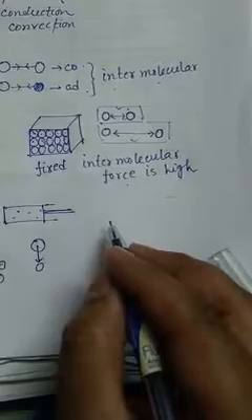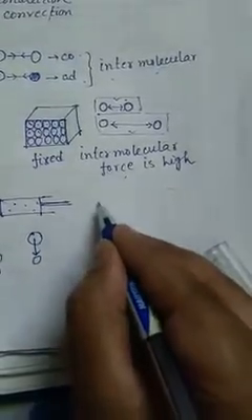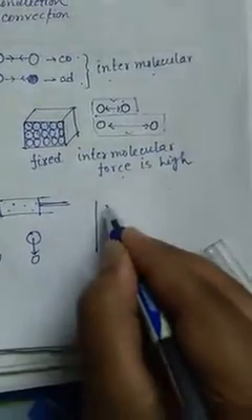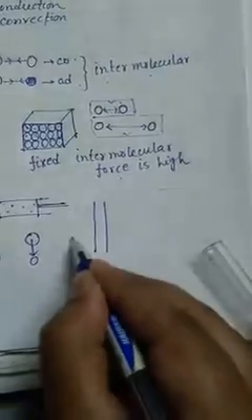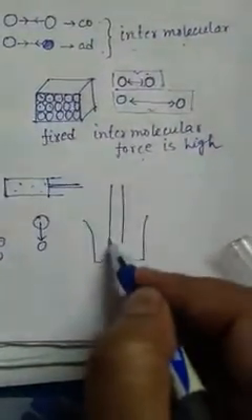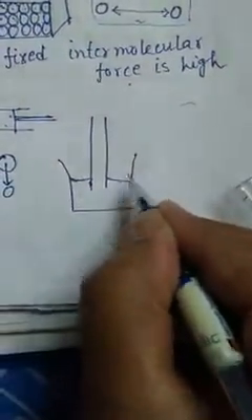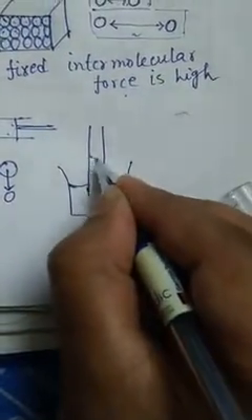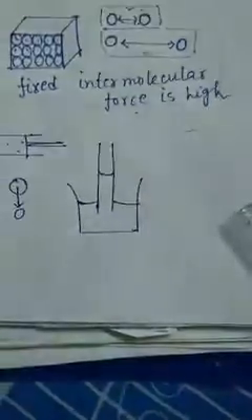So what is meniscus? Suppose you take a very narrow tube and put it in the water, I shall show you in the practical session. Suppose this is a very narrow tube and you are putting it in water, you will see that the water sometimes rises up to an extent.